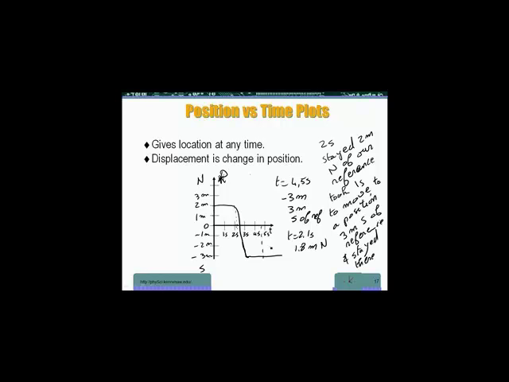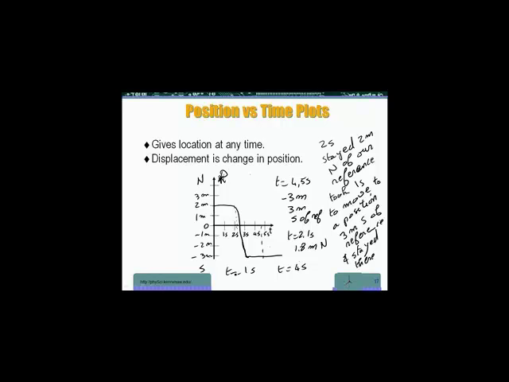If we are asked to find a displacement, then we have to record two positions and then figure out the displacement by calculating it like in the previous segment. For example, what is the displacement of the person between t equal 1 second and t equal 4 seconds?